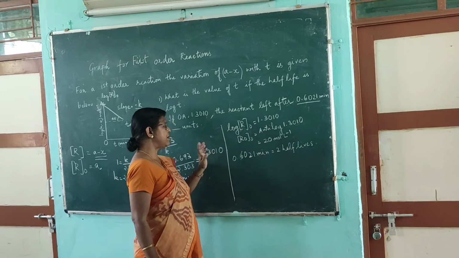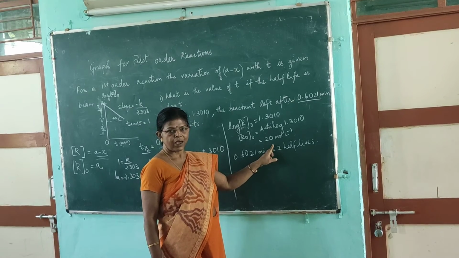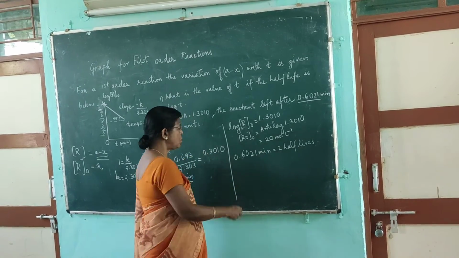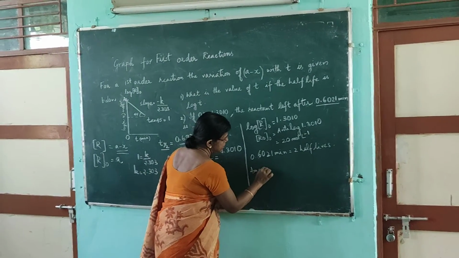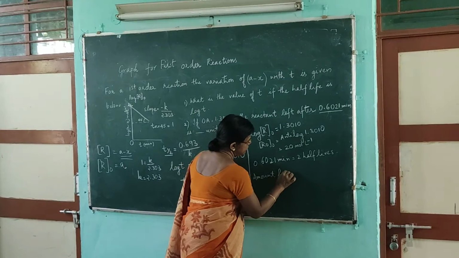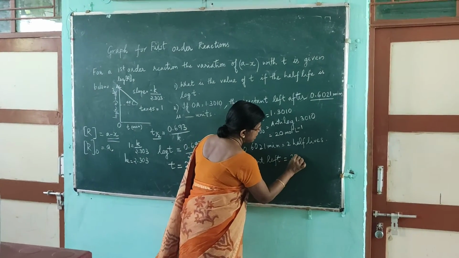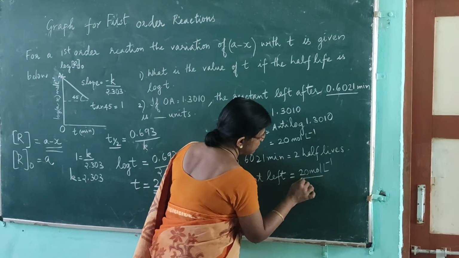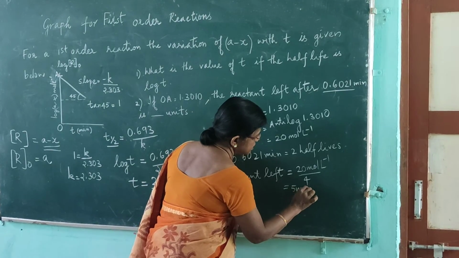After one half-life, the amount will be half, and after 2 half-lives, the amount will be 1/4. So the amount left will be 20 mole per liter divided by 4, that is 5 mole per liter.